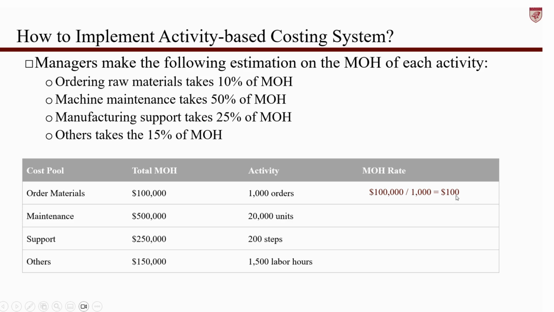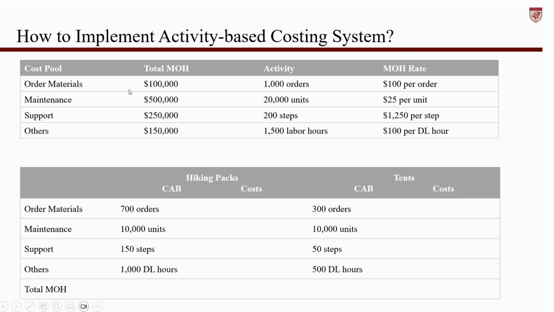So $100 per order and $25 per unit produced, $1,250 per step, and $100 per labor hour, right? And this is the rate we are going to apply when we allocate to different types of cost objects. Okay?